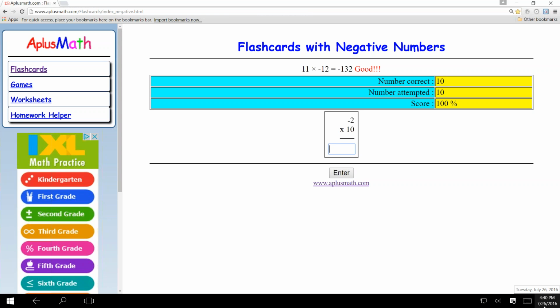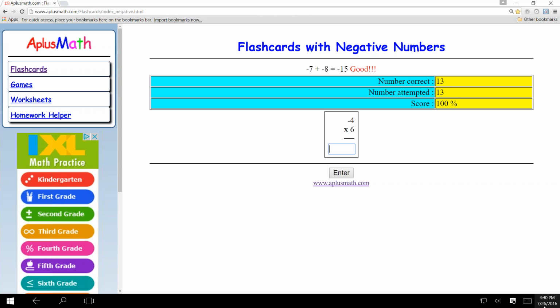Negative 20. Good. 5. Good. 15. Positive or negative? Negative 15. Sorry. Going to count by 4s or count by 6s? 6.